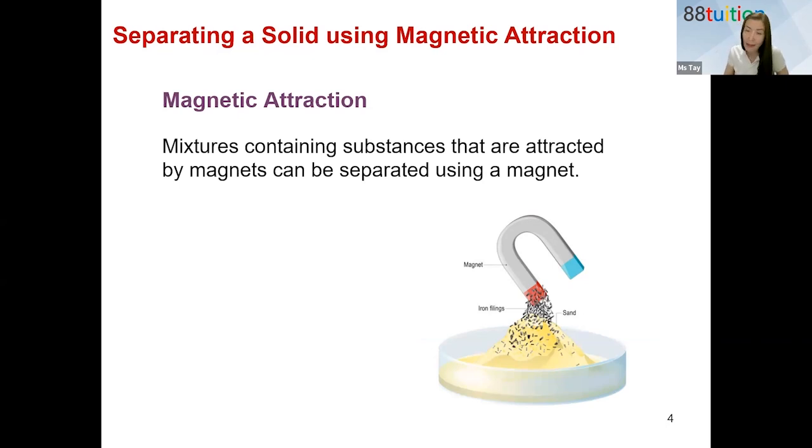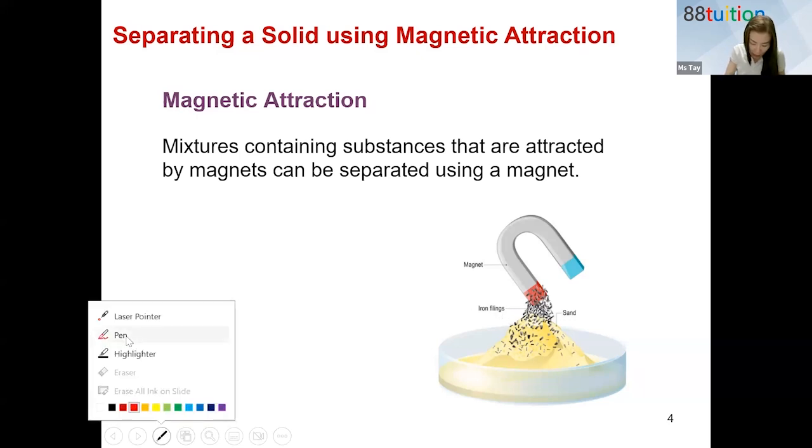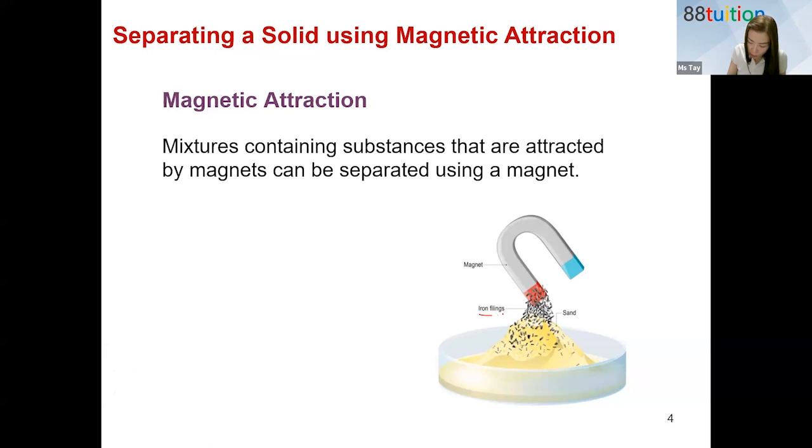The iron filings, some of you pronounce it as iron filings, it's okay. Iron itself is a magnetic material, and you are familiar with this because you studied magnets in P4 in primary school. Being a magnetic material, it will be attracted by the magnet. So the moment I put a magnet at the top of this mixture, the iron filings will be attracted.